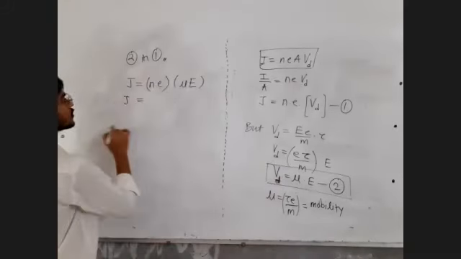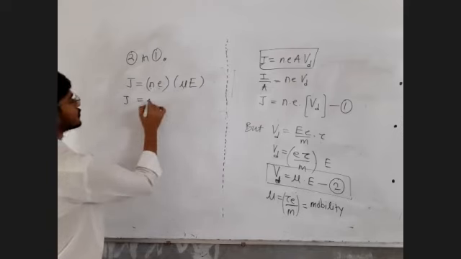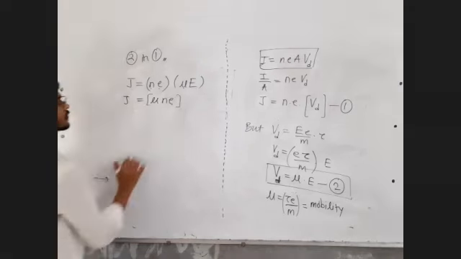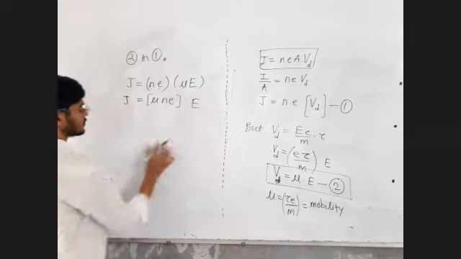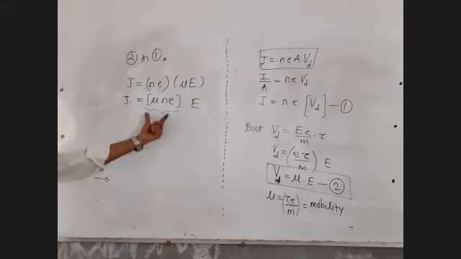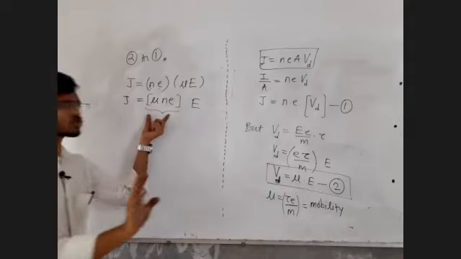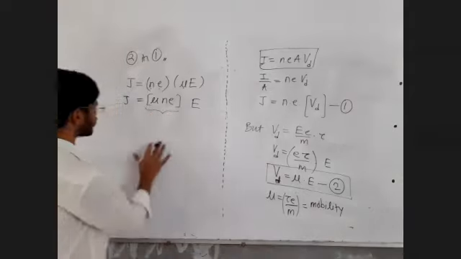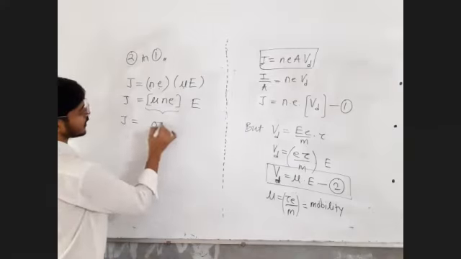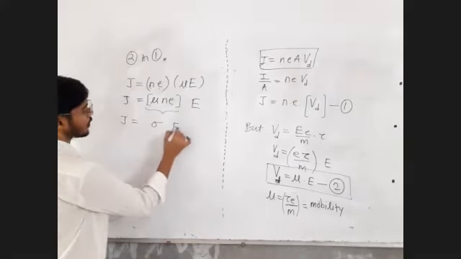So J is equal to n e mu into E. This is again the property of material, not the dimensions, not the length and area. So this property of material is called sigma.